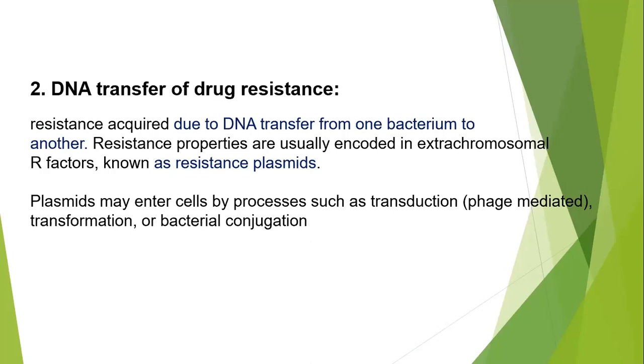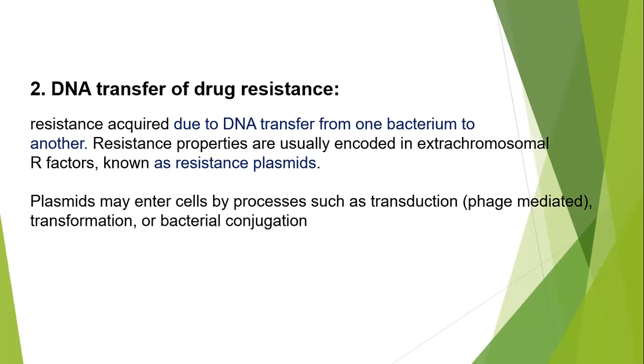Properties are usually encoded in extra chromosomal R factor known as resistance plasmid. Plasmid may enter cells by process such as transduction, mediated transformation or bacterial conjugation.